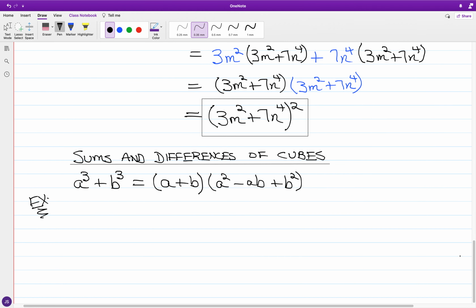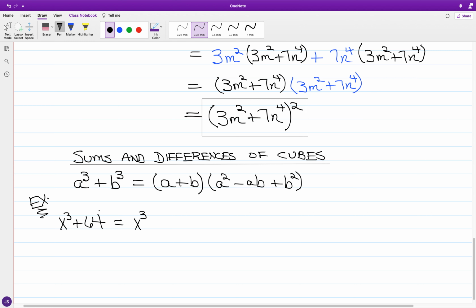And just taking a bit of an example, say if you're working with the sum of cubes, something like x to the third plus 64, this expression is factorable. Think of it like this. x cubed is the cube of x, and now b cubed is represented by 64.